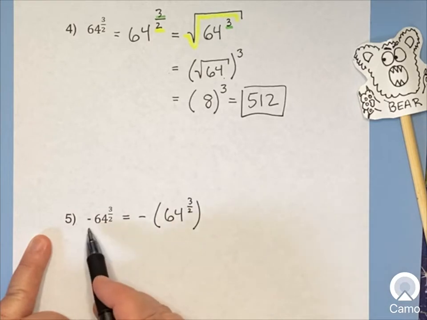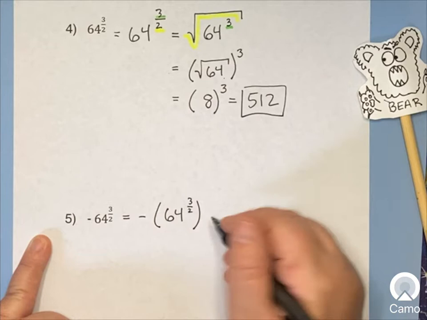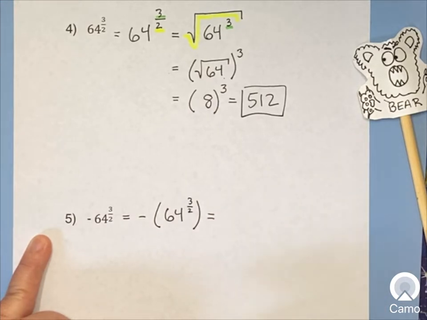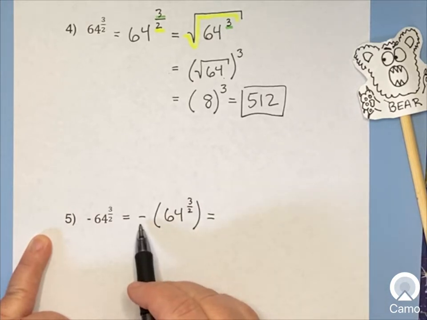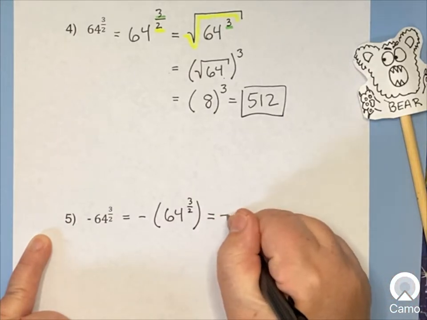Since there are no parentheses, the minus is left out. It's very sad for the minus, actually. So be kind when you see that minus, because they've been through it today. That minus just hangs out and waits for 64 to go do whatever it's going to do, and then it comes back.